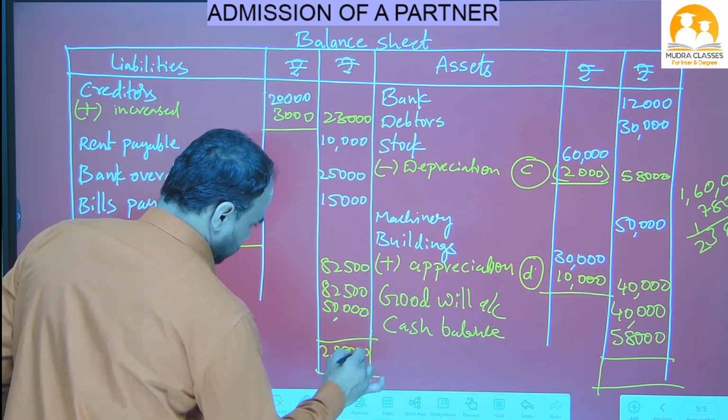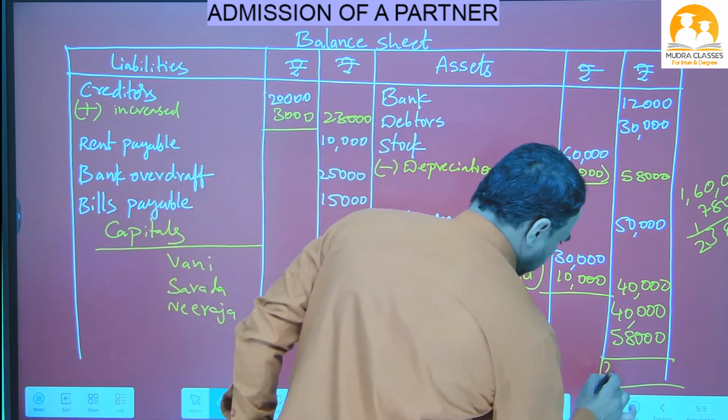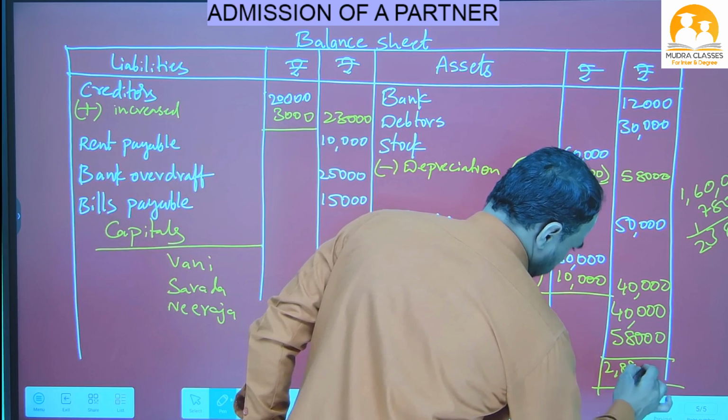Now you do the asset side also, you will get the same answer, 2,88,000.